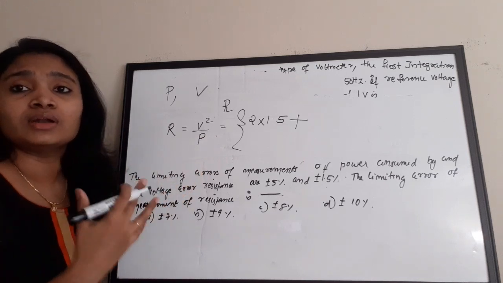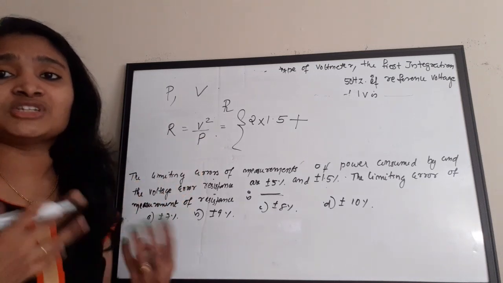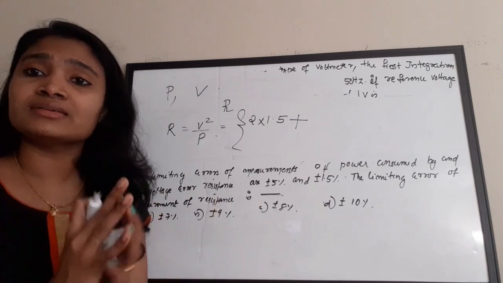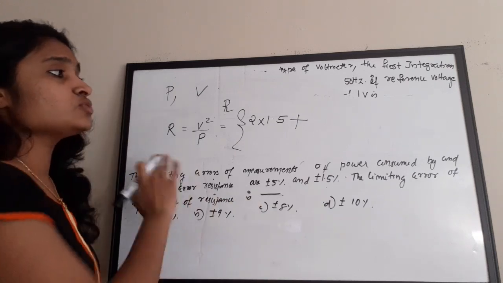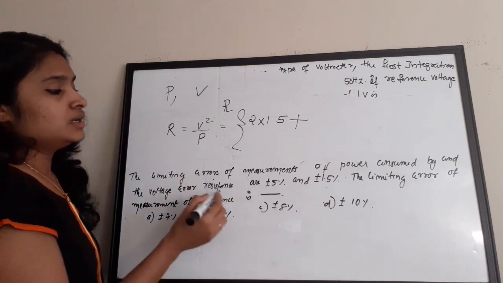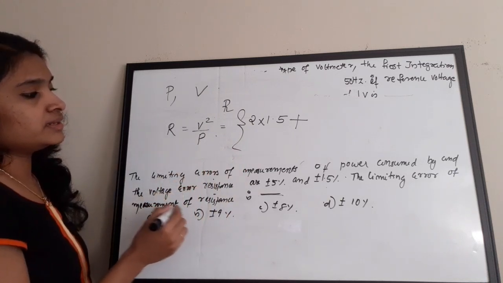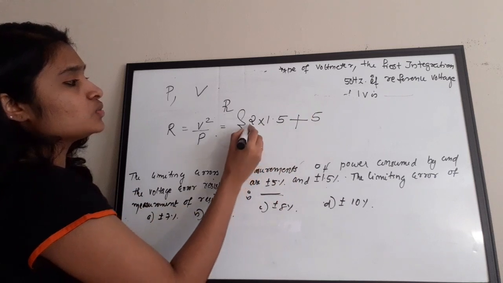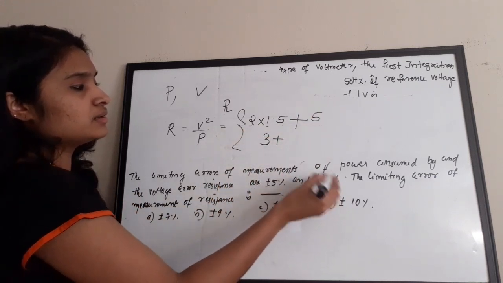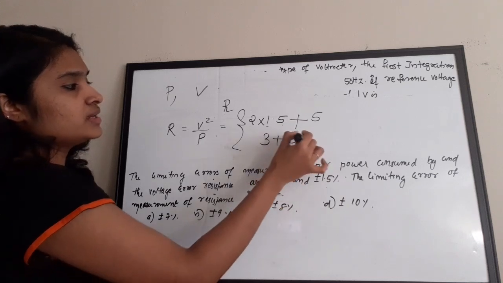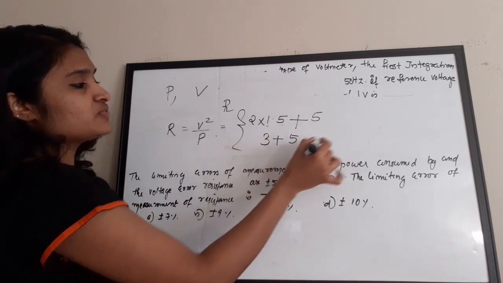We have to add all errors. Because while taking measurements or while calculating, these errors will not get eliminated. They will always get accumulated. So we have to always add the errors. Now what is the error for power? It is 5. So 2 into 1.5 is 3, plus error for power is 5. So it is 3 plus 5 is 8.